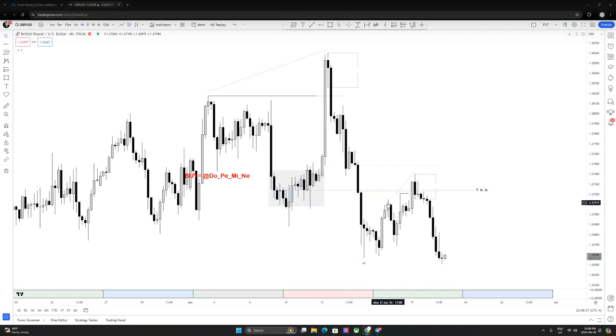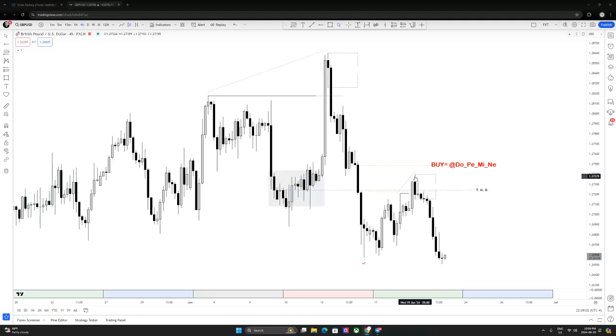So this is a true week open around here within this 4-hour candle, and the true day open is around here. So we were above the true month open, the true week open, and the true day open, previous true day's open, right?